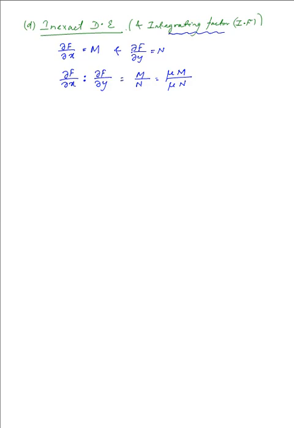That is, if this is the case, then we have del f by del x now equal to mu M, and del f by del y now equal to mu N, and then we have the df of (x,y) equal to mu M dx plus mu N dy, which is equal to mu times (M dx plus N dy).